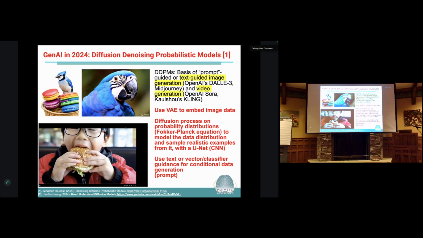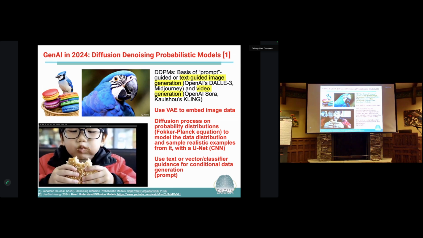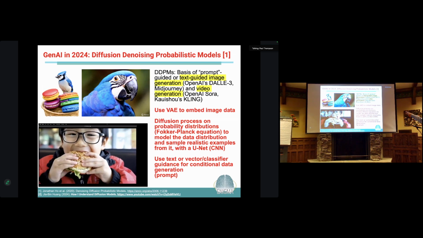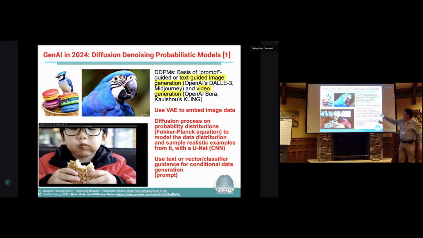So these models for video generation use the same concept of VAE to encode the image data or video data, but they use a diffusion process on probability distributions. They use the Fokker-Planck equation, which is a way to evolve a probability distribution over time.